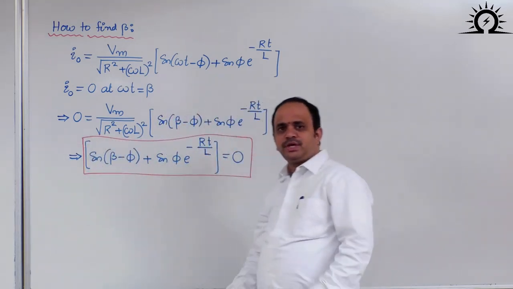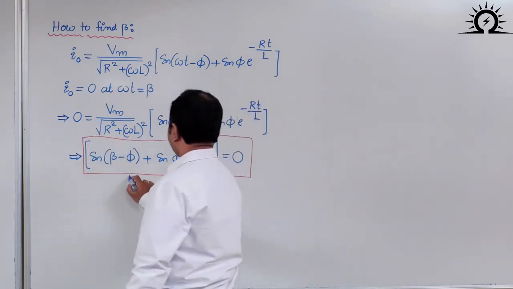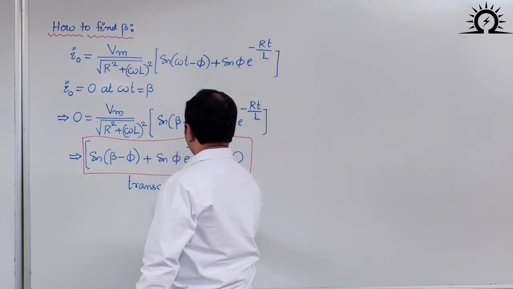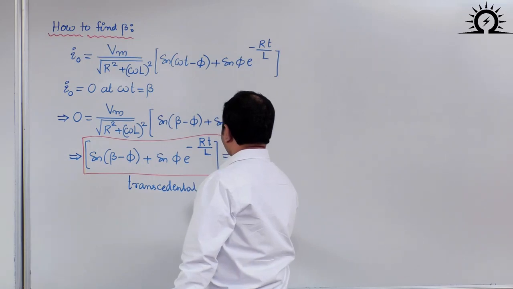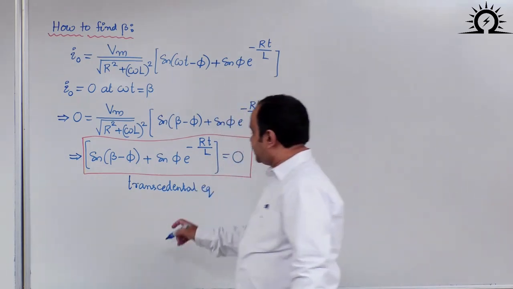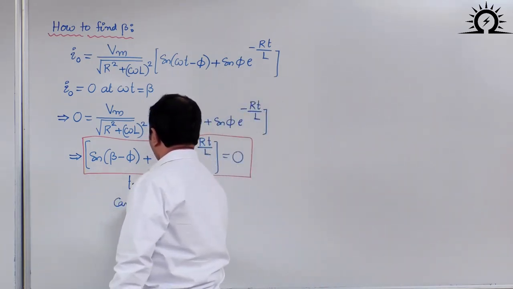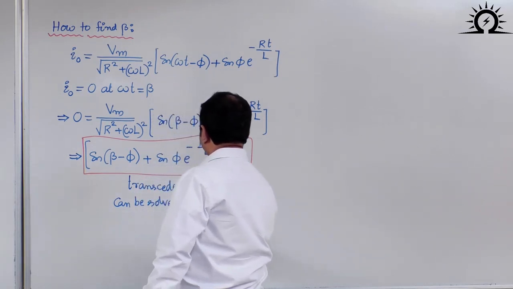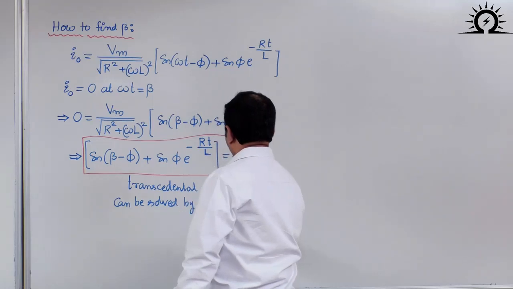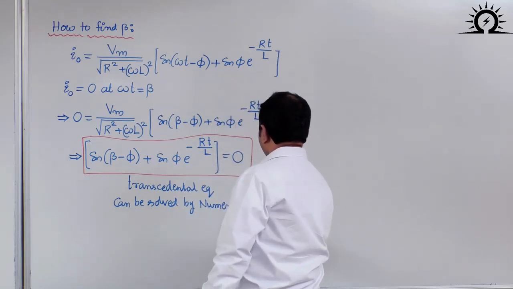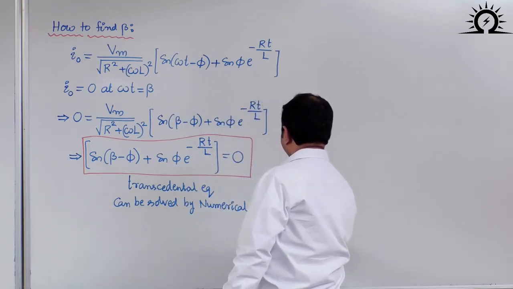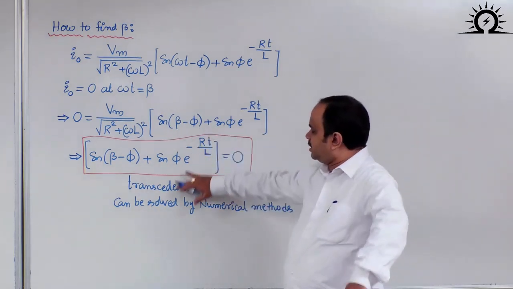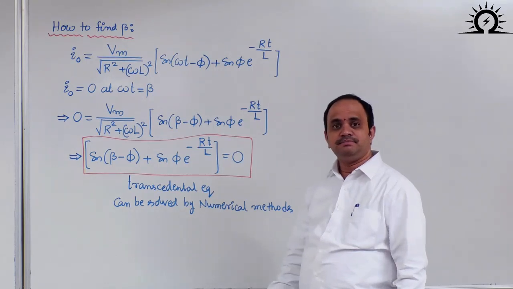These types of equations are called transcendental equations. Such equations can be solved by numerical methods. So this is the way to calculate the beta value.